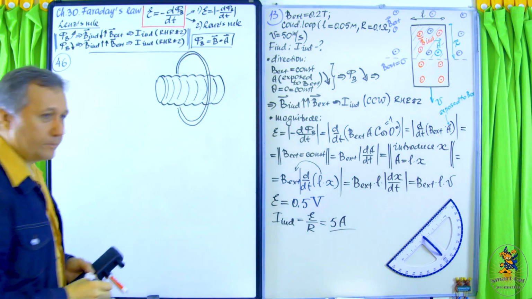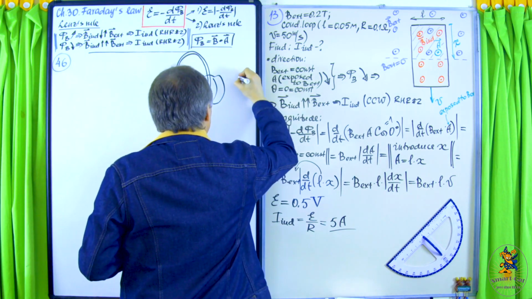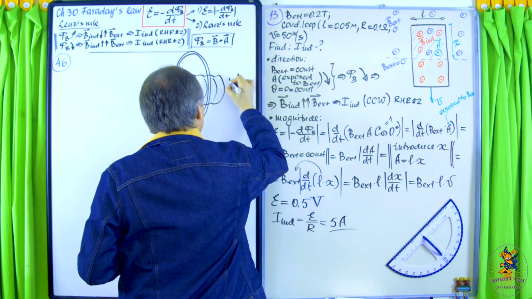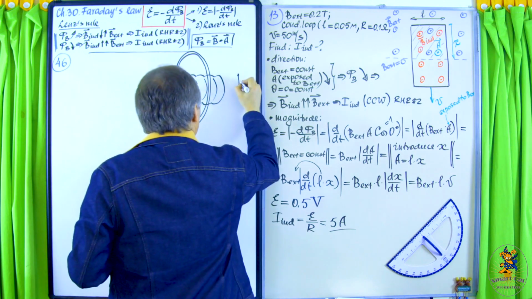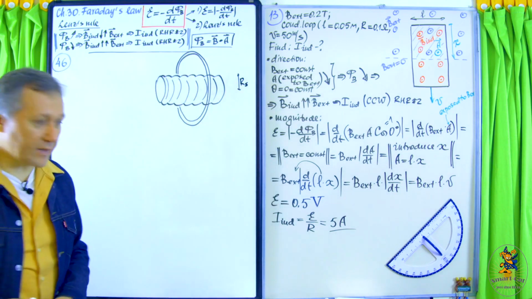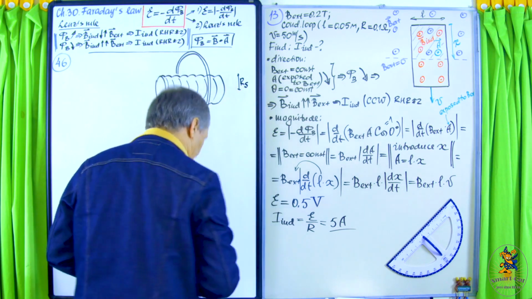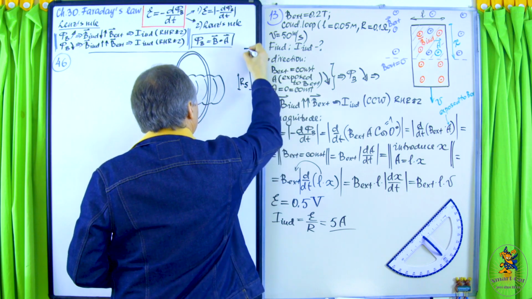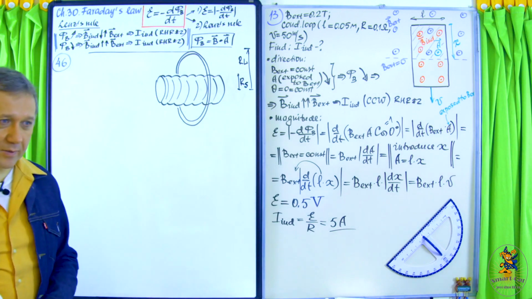So that's our loop. And some geometry is given. This will be the radius of the solenoid, r sub s, small s. Then the radius of the loop is given, r sub L, capital L.